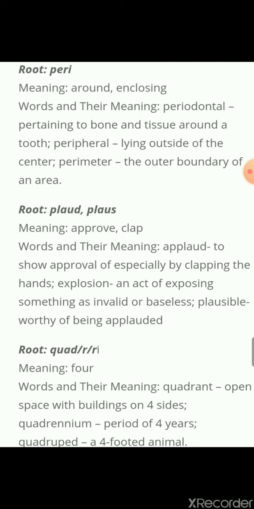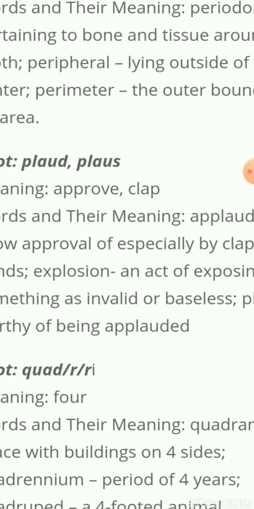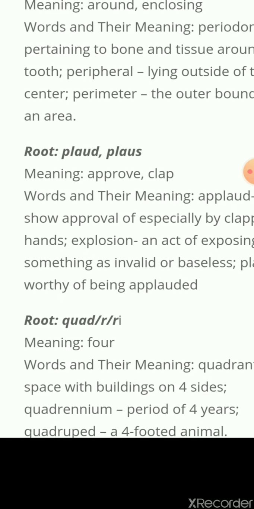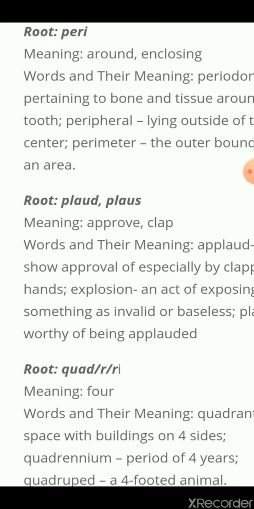Fine. Next we have PLAUD or PLAUS. Its meaning is approve or clap: applaud, applause. Okay, we speak like that: make a huge round of applause.